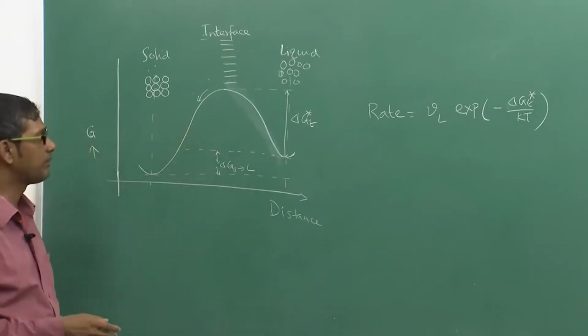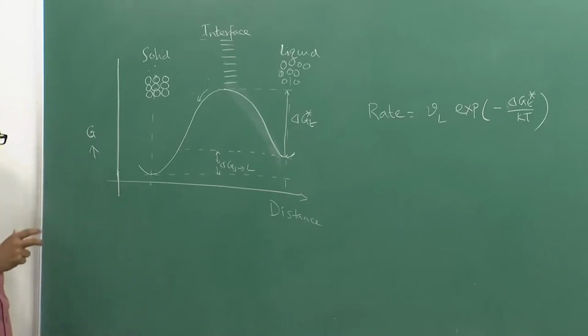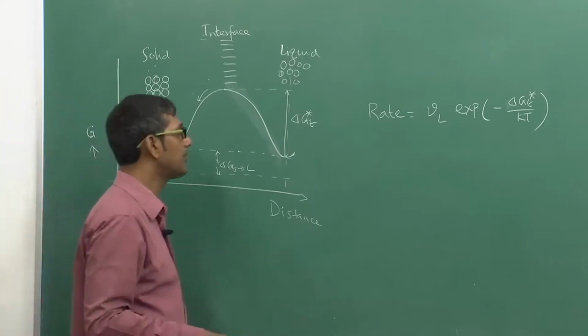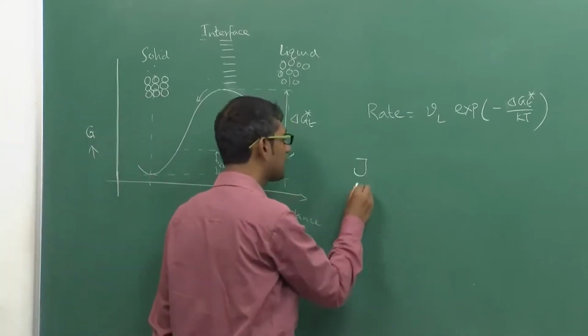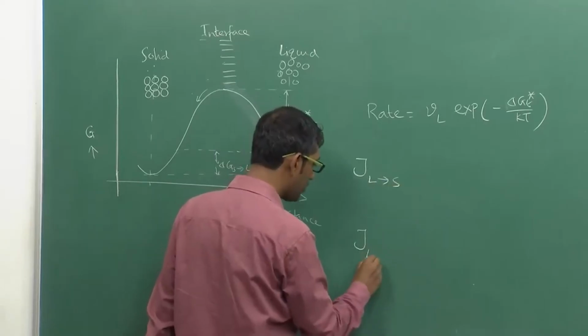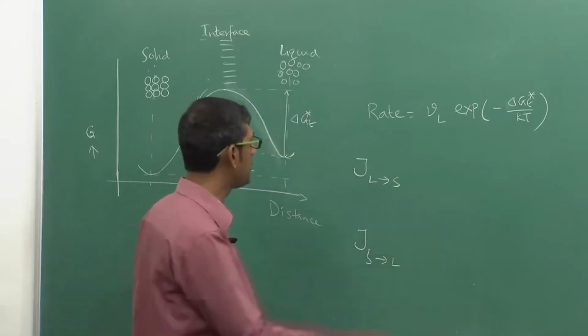That's always possible, because if they are not sitting at very nice positions where most of their bonds are satisfied in the solid, they can go back. So therefore we need to consider both the flux from the liquid to the solid and the flux from the solid to the liquid. So what does the flux depend on?